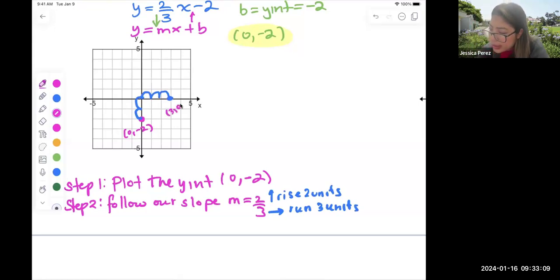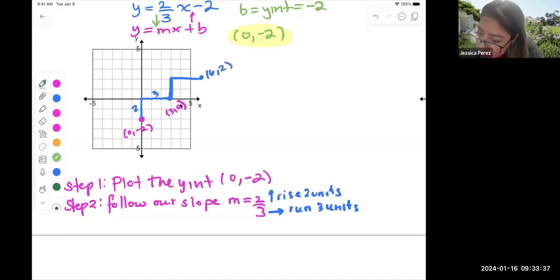And then from this point, again, I keep on following my slope. Rise 2, run 3. That would be my other point, which looks like 6, 2.